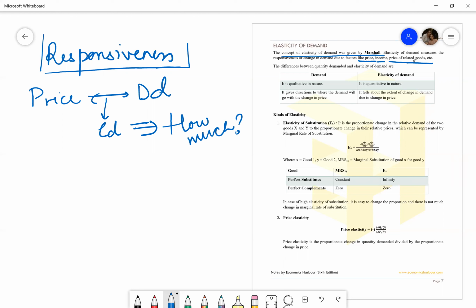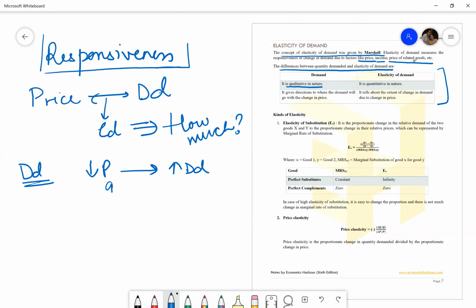With this, we come to the differences between the quantity demanded and the elasticity of demand. The first difference is that demand is qualitative in nature. For example, the law of demand tells you that if the price falls, the demand increases.